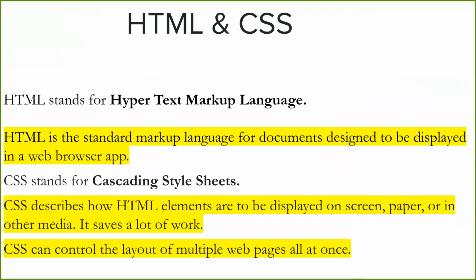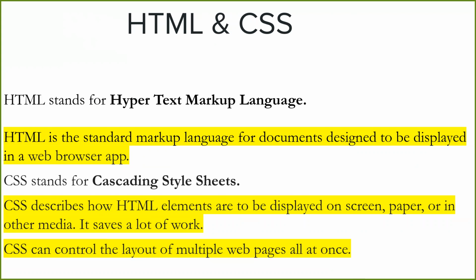Basically, HTML stands for Hypertext Markup Language. It is a standard markup language for documents designed to be displayed in a web browser. Whatever we see in a browser or on a web page, all of it is written in HTML. And CSS stands for Cascading Style Sheets.